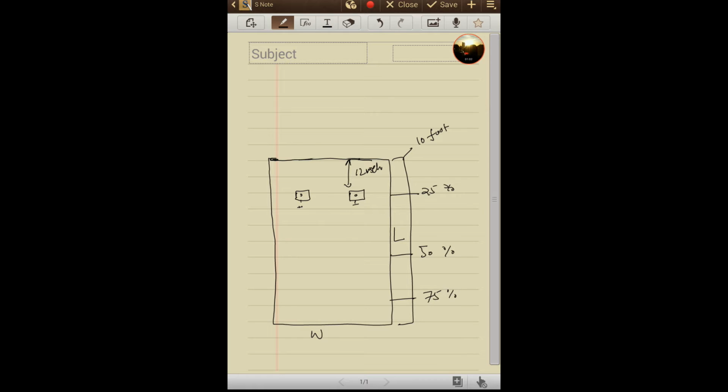Rule number three is we place the listener somewhere between the 25 to 50% region. Recommended by acoustics professionals is 38%. Why, I will explain later. Rule number four is the distance between the speakers and the listener should be the same.